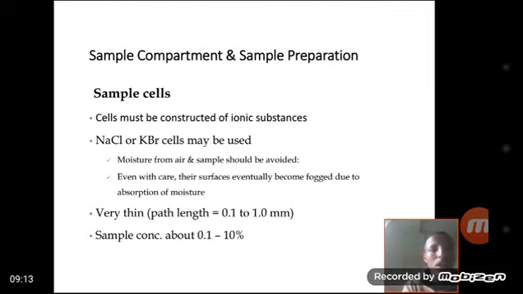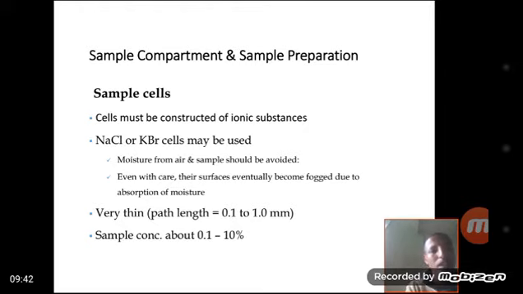Sample cells must be constructed of ionic substances. From these, sodium chloride and potassium bromide cells may be used. Moisture from air and sample should be avoided because moisture can dissolve the sample holder and affect its integrity, since sodium chloride and potassium bromide are soluble in water.